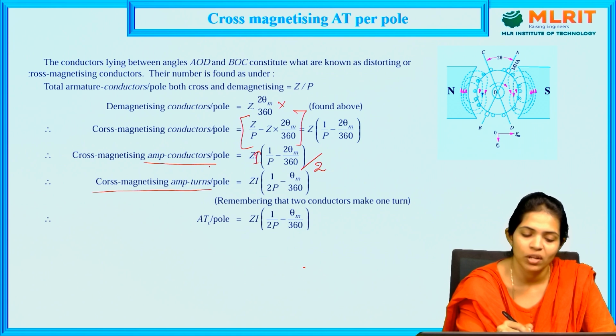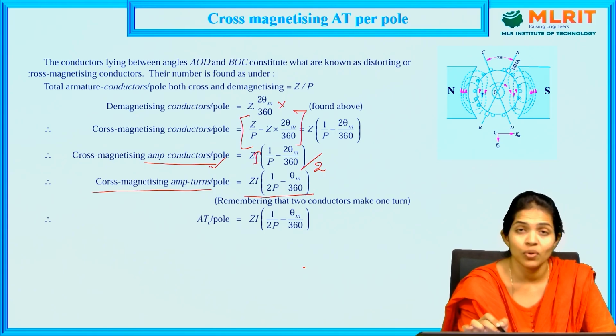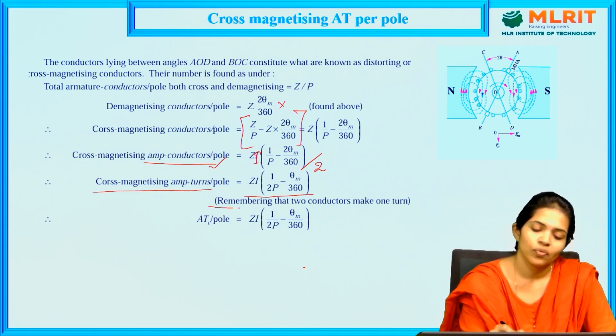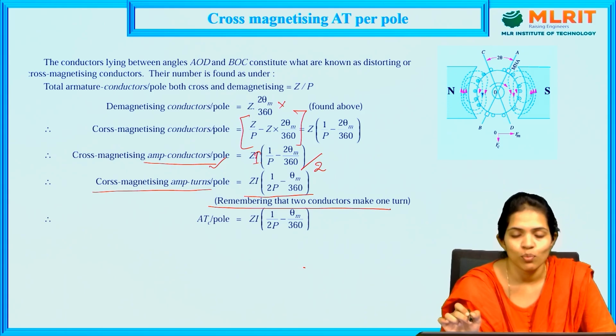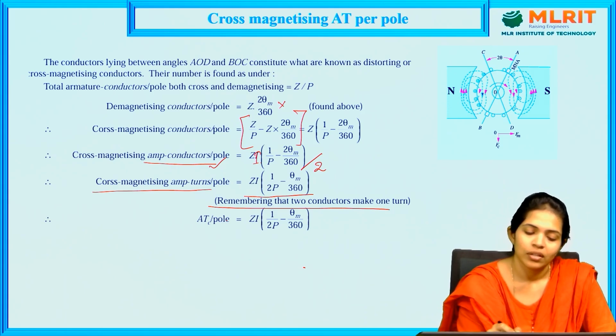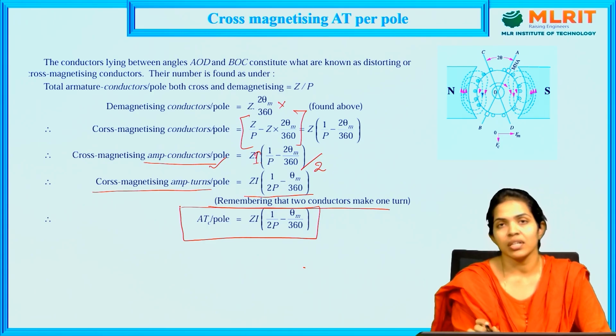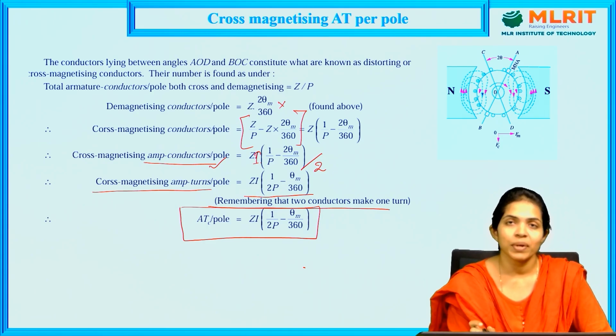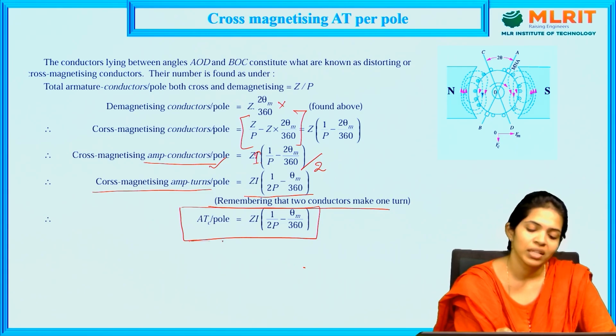This is per pair of poles and this is per pole. If we calculate it per pole, you get the final equation as Zi into 1 by 2p minus theta M by 360. Remembering that two conductors make one turn, the number of cross magnetizing ampere turns required to neutralize the cross magnetizing effect occurring in armature reaction is given by this equation.